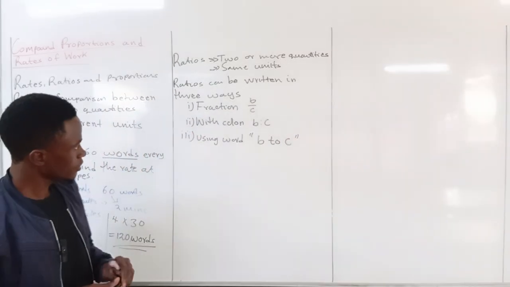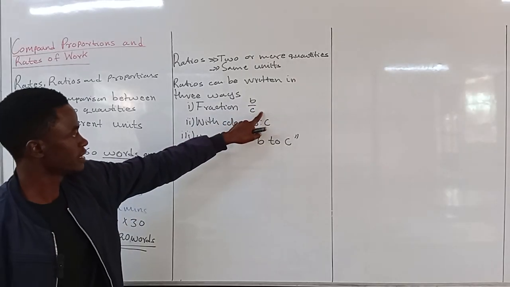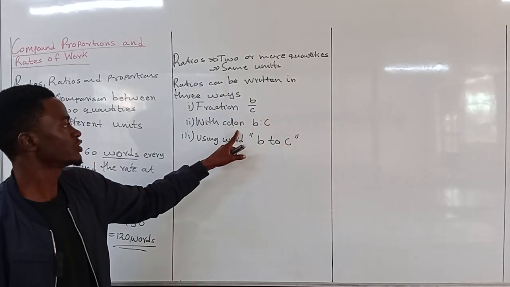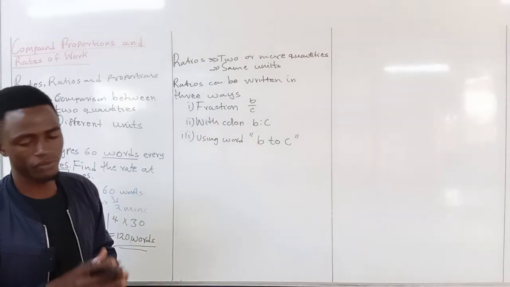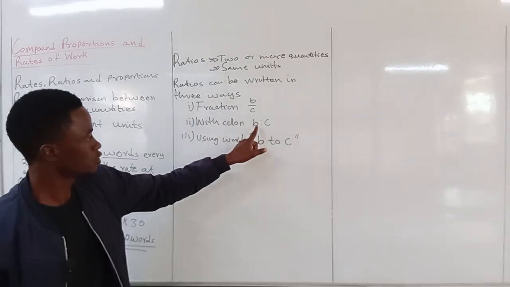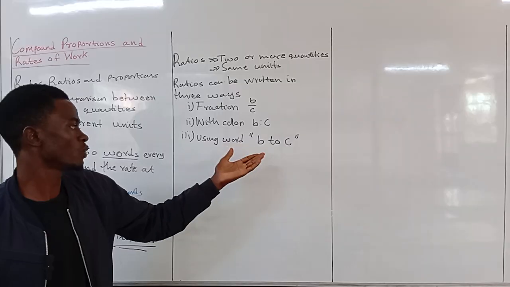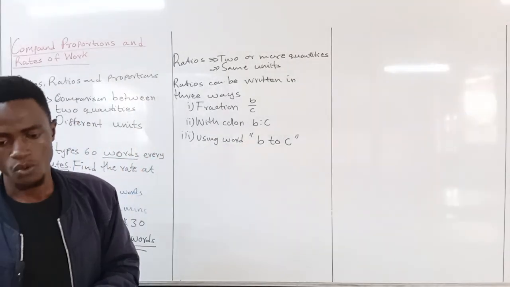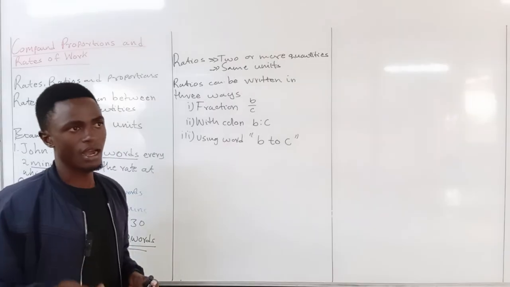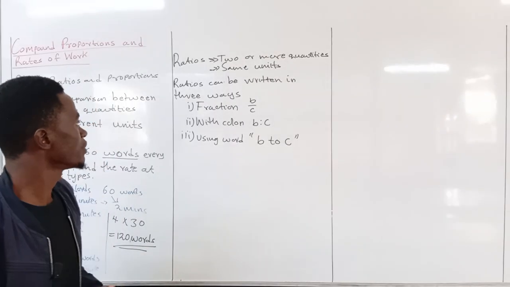Number one, as a fraction, B over C. The same ratio can be written with the separation of the colon in between, B is to C, and then using words, B to C.